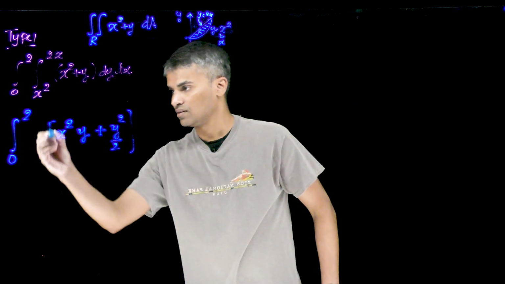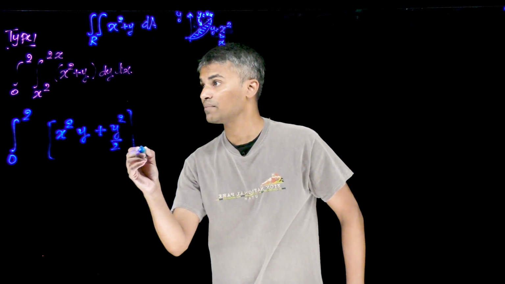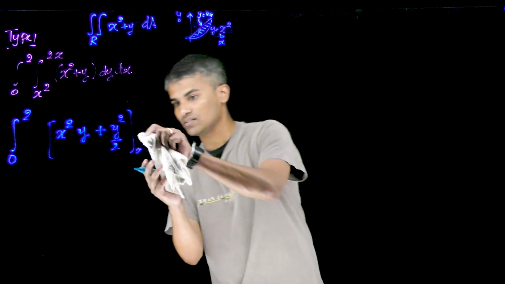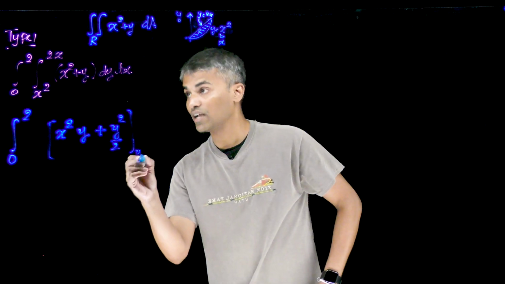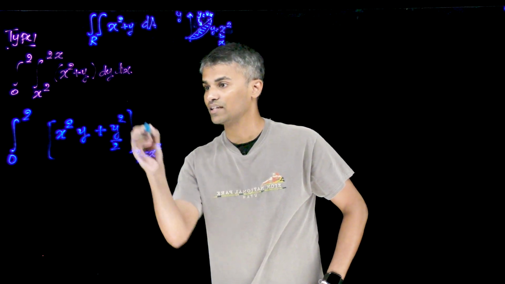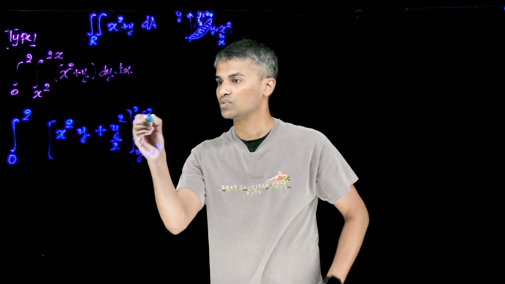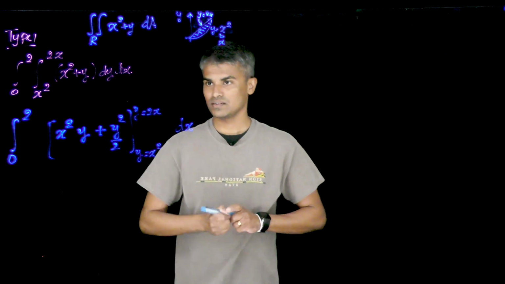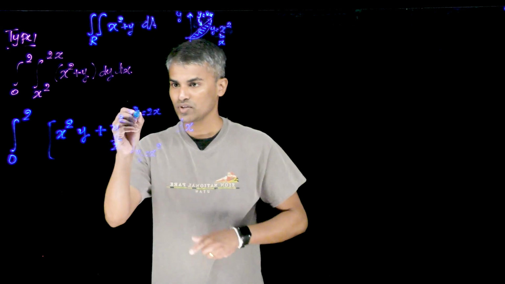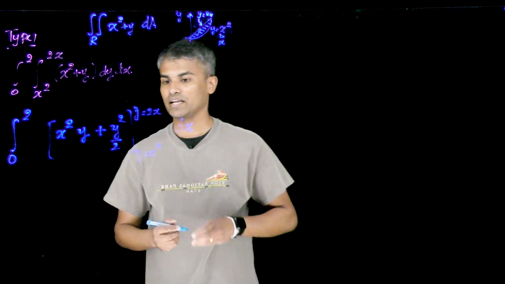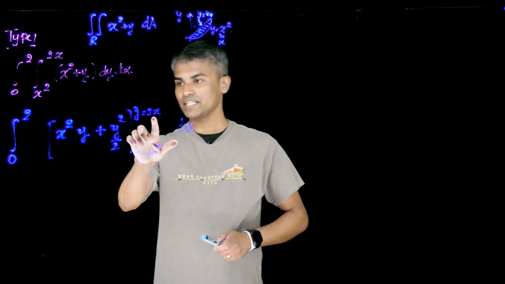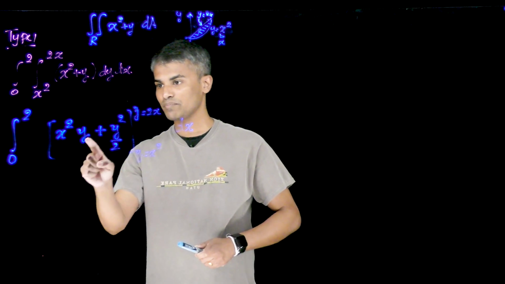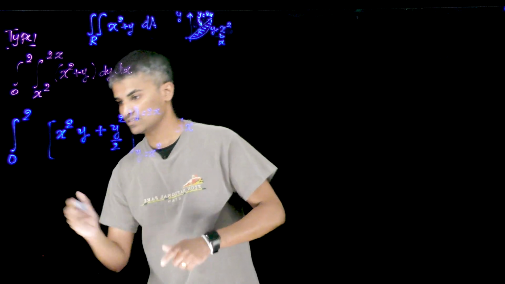Now, what is the lower limit? The lower limit is y equals x squared, and the upper limit is y equals 2x. I hope you can all see this is y. Let us apply the upper limit first, so we replace each y with 2x.